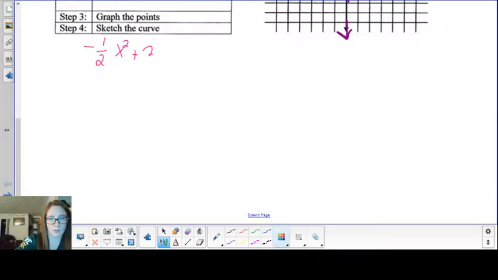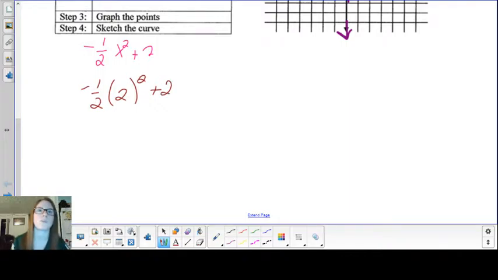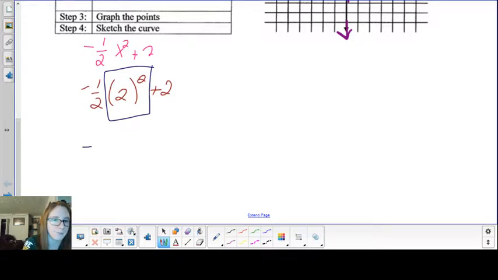So when I plug this in, I have negative a half times my first value I picked, which was 2, squared, plus 2. My order of operations tells me I always do my exponents first. So I'm going to take 2 squared, and 2 squared is 4. So I have negative a half times 4 plus 2.